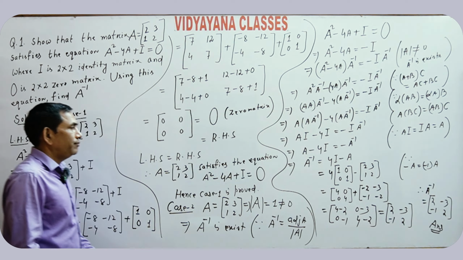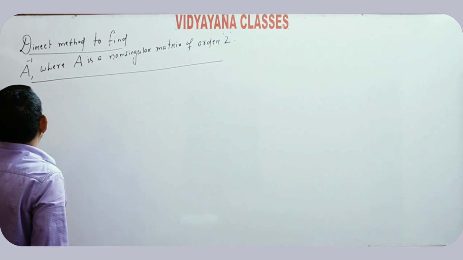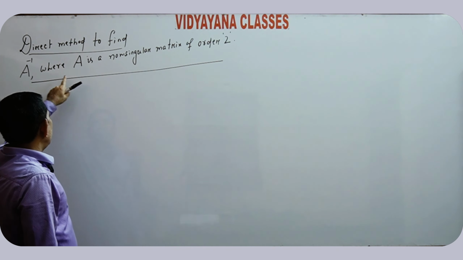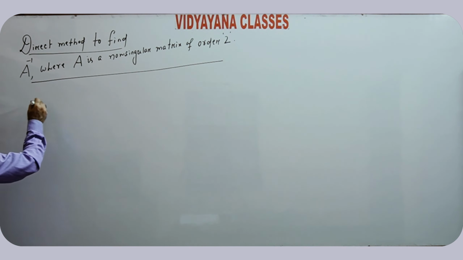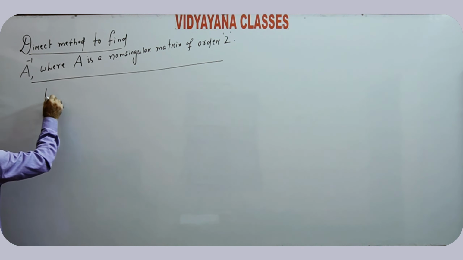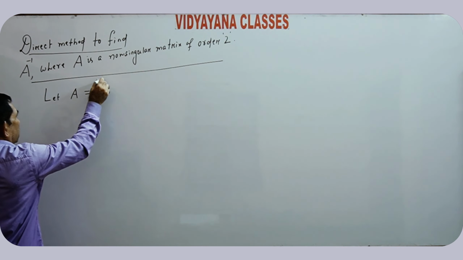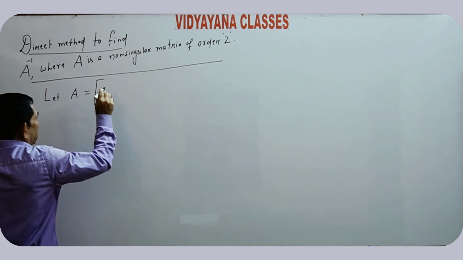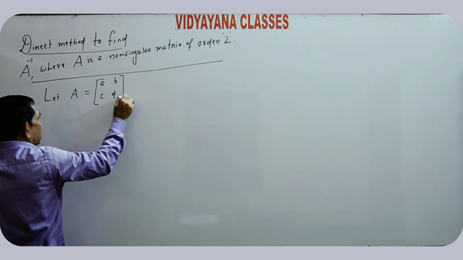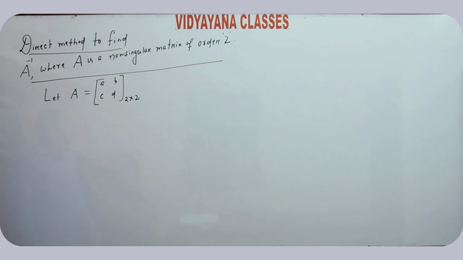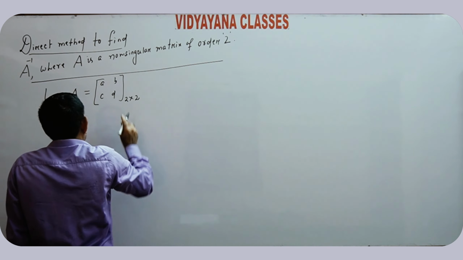Okay, write down. Direct method to find A inverse where A is a non-singular matrix of order 2. Let capital A be the matrix having elements a, b, c, d of order 2, 2 cross 2 means order 2.